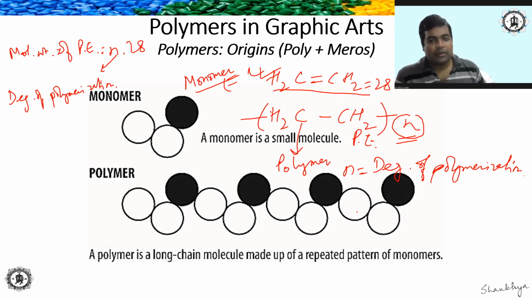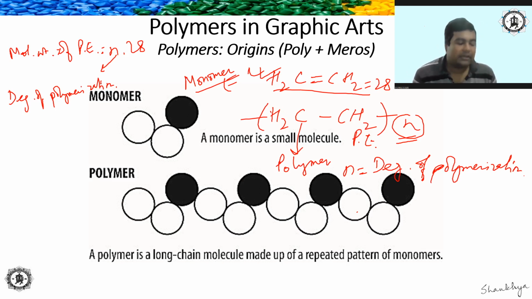Okay? Now, the question is, why study polymers at all? Why is it important? In almost any part of the printing process, you will find invariably that in all the processes in our industry, we use some form of polymer or the other.